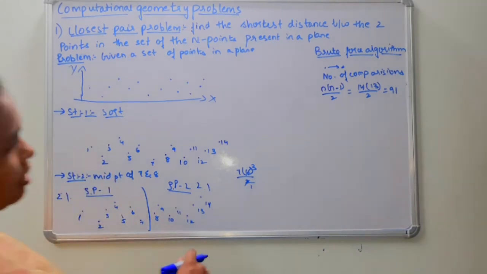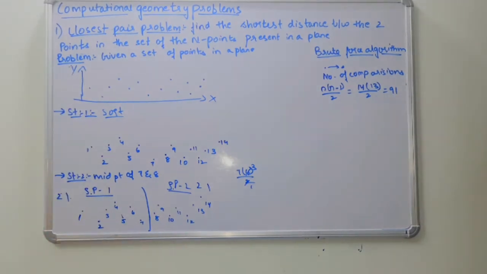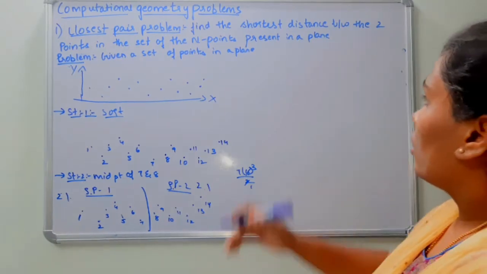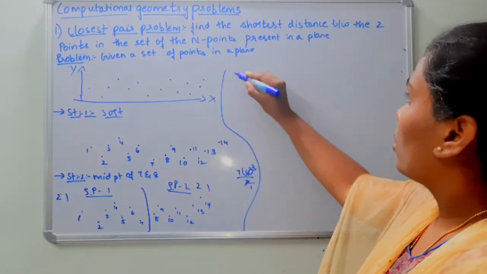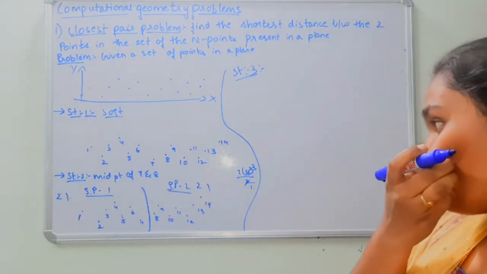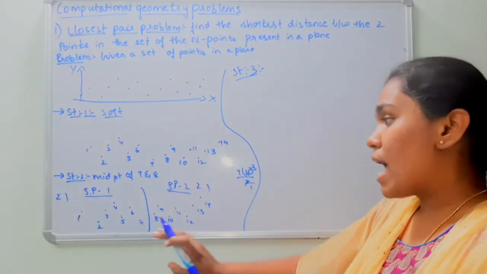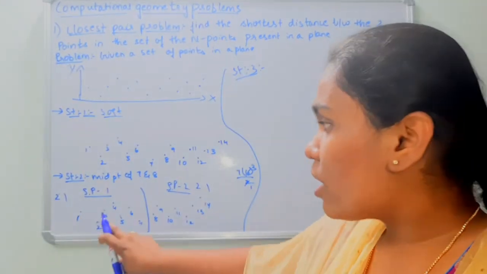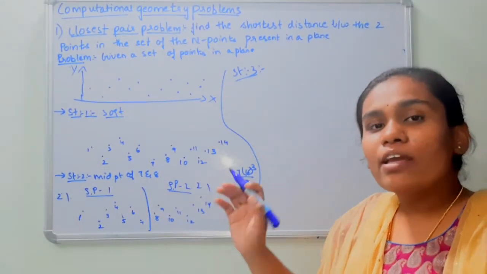Next, step 3. Here, what we have to do is compare the smallest distances in subproblem 1 and subproblem 2.